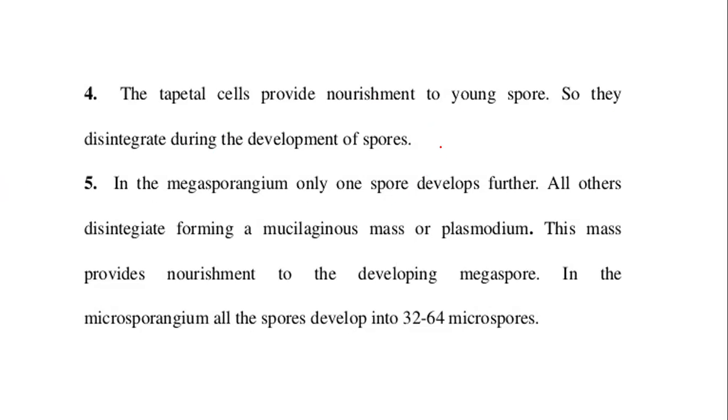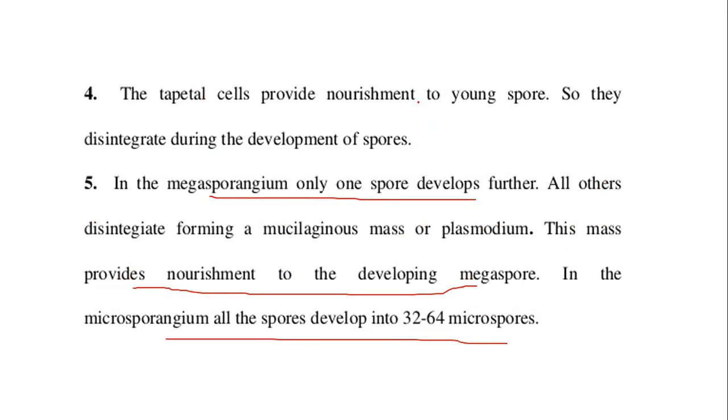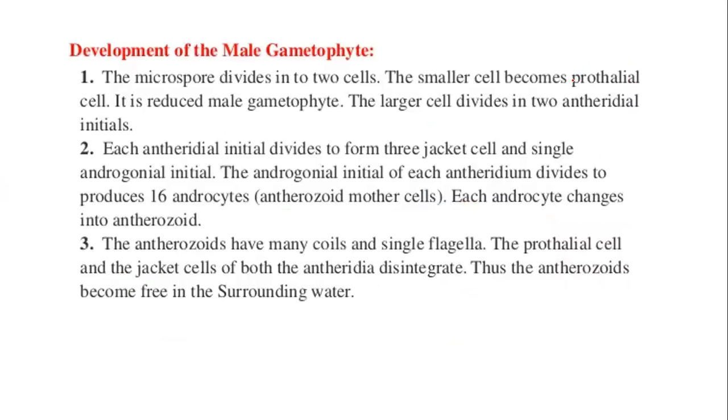So after the development of the spore, this tapetum will get disintegrated. In the megasporangium, I told you, only 1 spore is going to be developed, whereas all the other remaining cells degenerate. Now the mass which is developed is the nourishment to the developing megaspore, whereas the microsporangia produce around 30 to 64 microspores.